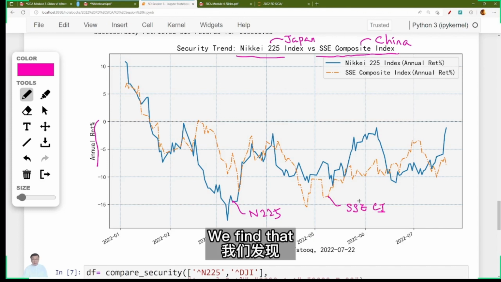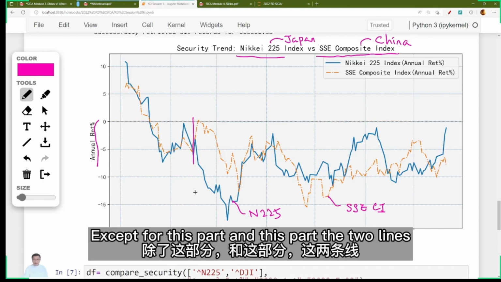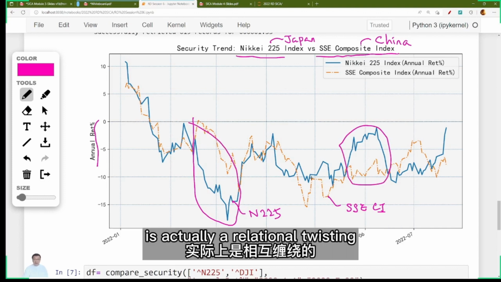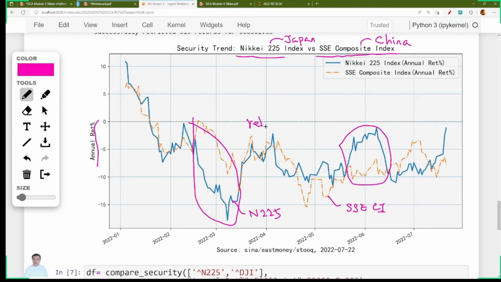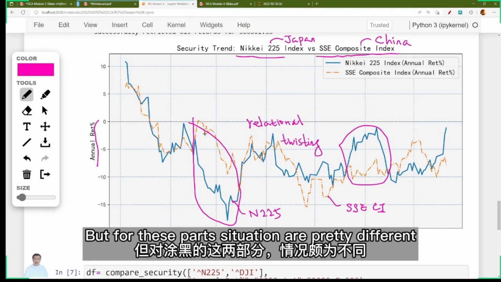We find that except for this part and this part, the two lines are actually relationally twisting. Again, relationally twisting. But for these parts, situations are pretty different.